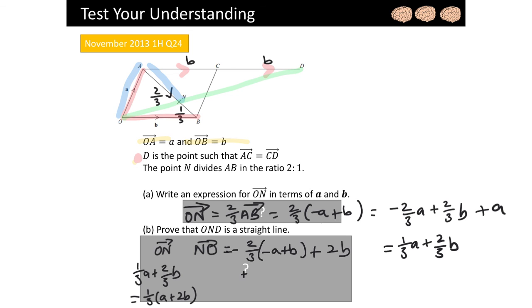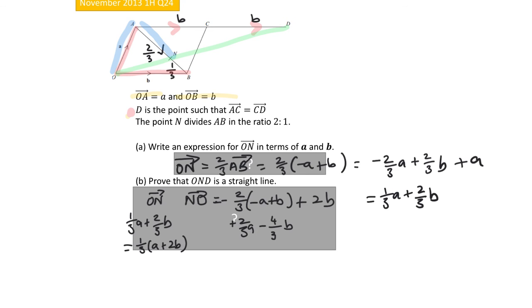So I'm going to get positive 2/3 A, and 2B minus 2/3 B is 4/3 B. Perfect. Now I'm going to factorize out minus 2/3. I'm left with A plus 2B. Okay, we can see that they both share a common factor. They also share a common point, therefore straight line.